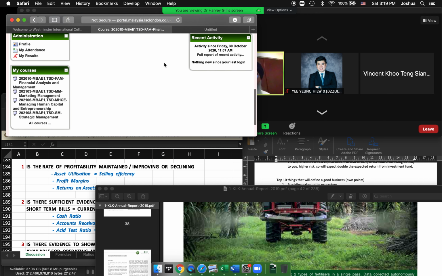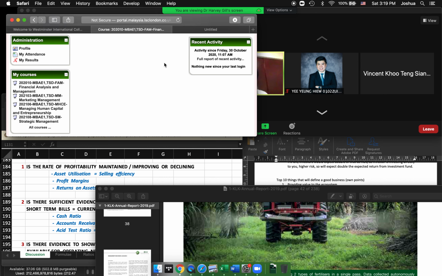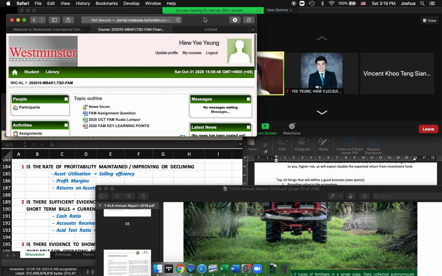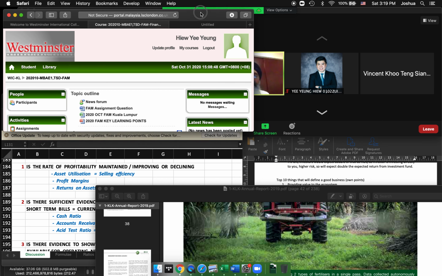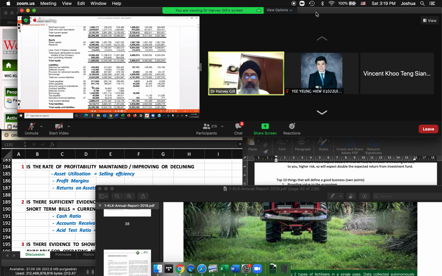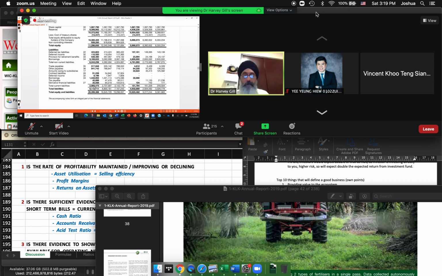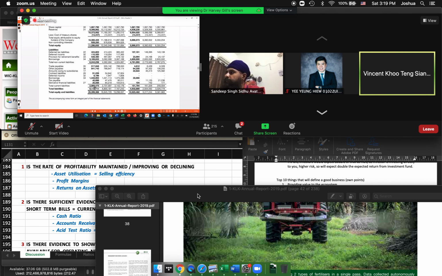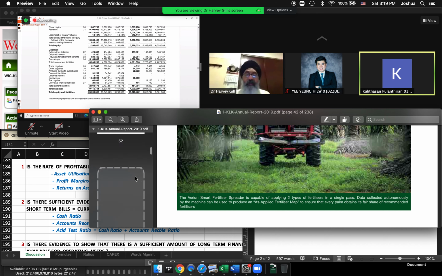Let's look at their liability, their funding, their short-term finance from their current liabilities. Total current liabilities 2869 and 2738. You're right.